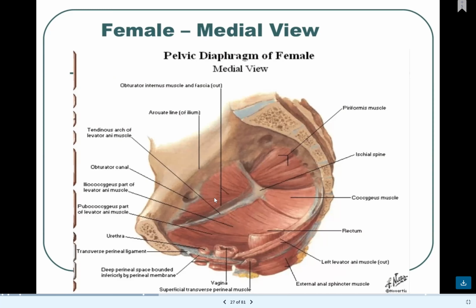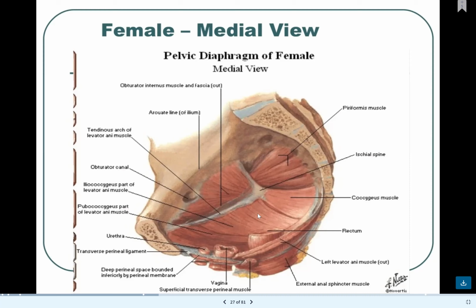So now we can see this, which is the obturator internus muscle. And then this is the arc of the spine. And then this is the pelvic diaphragm actually forming the floor of the pelvic cavity. You can also look at the piriformis muscle. This is the coccygeus muscle.